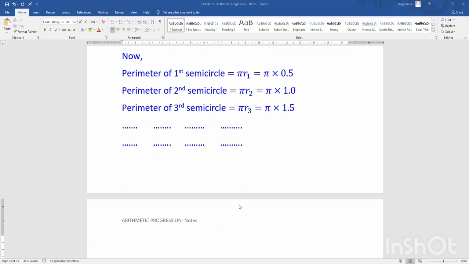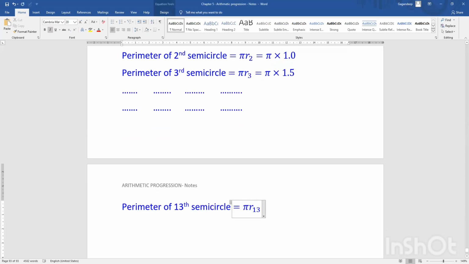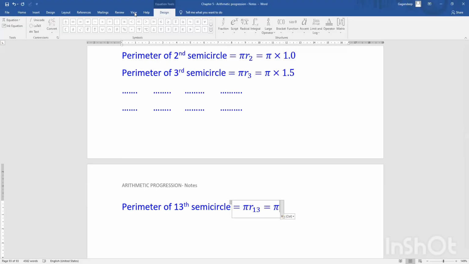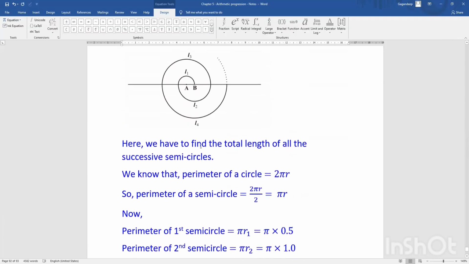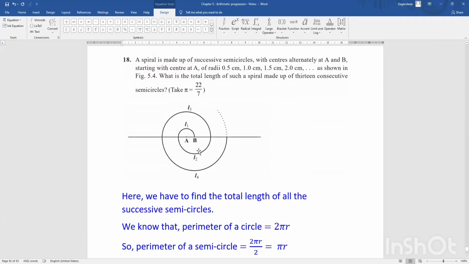Perimeter of the 13th semicircle is pi into r13, which is pi into 6.5.